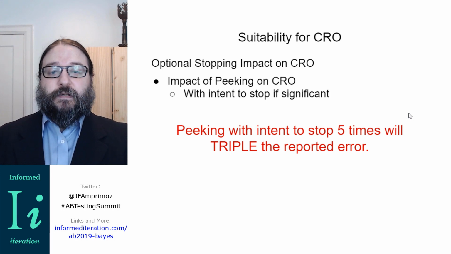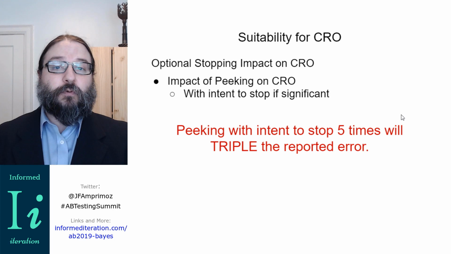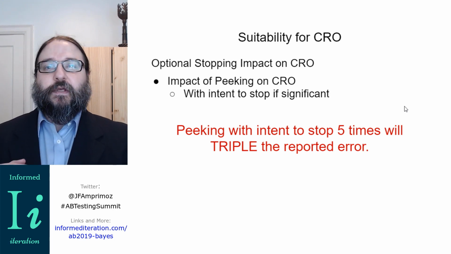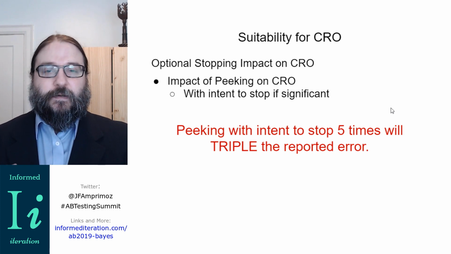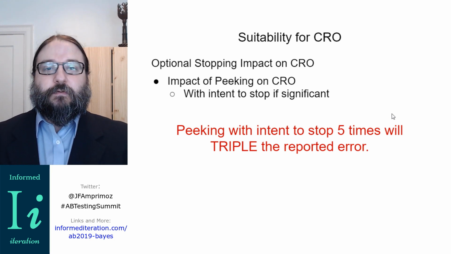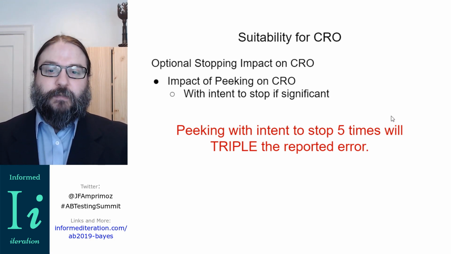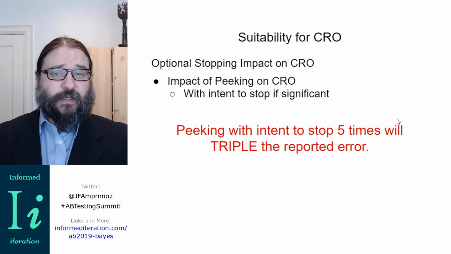So if we peek 5 times, and one thing to note here is peeking, you can go look at the results. The thing is, if you actually take a test and end the experiment if you hit a certain level, but let it keep going if you don't, then you are increasing the error each time you do that. So if you do that 5 times, you're essentially tripling your error.